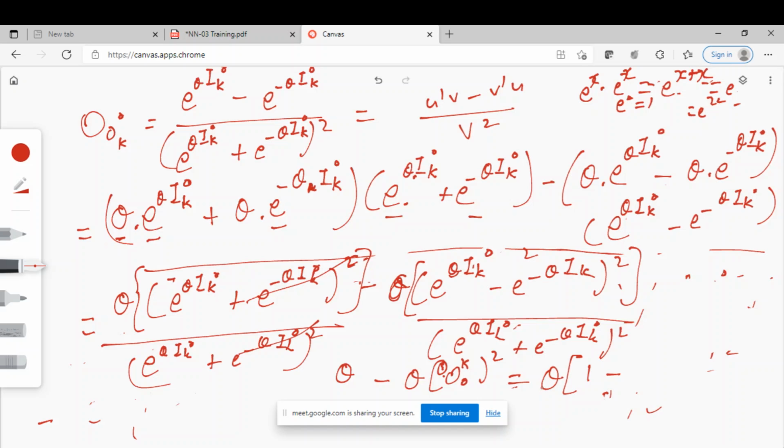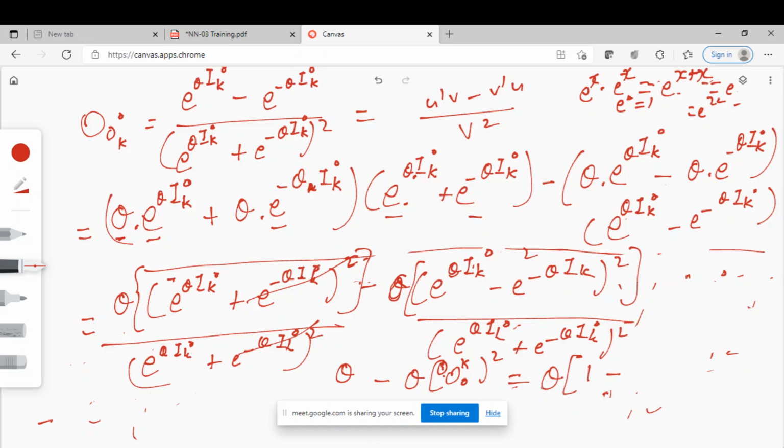Right? Okay. So now all these things just plug into this equation. So we got dou Ek by dou Ok. The first term is this dou Ek by dou Ok is (t_k minus o_k), the whole negative.